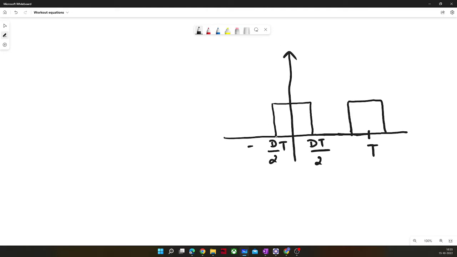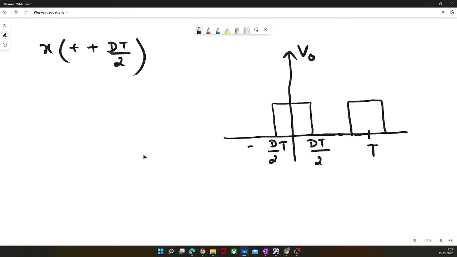So if we can calculate the Fourier series for this waveform, I think it would be good for many other waveforms. You will just need some shifting and scaling. So let us say this was the voltage waveform of our initial buck converter, but it is shifted by x of t plus DT by 2, right?